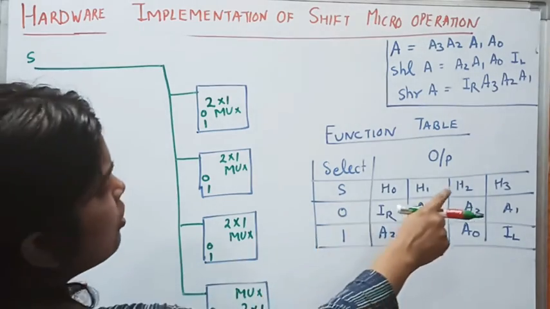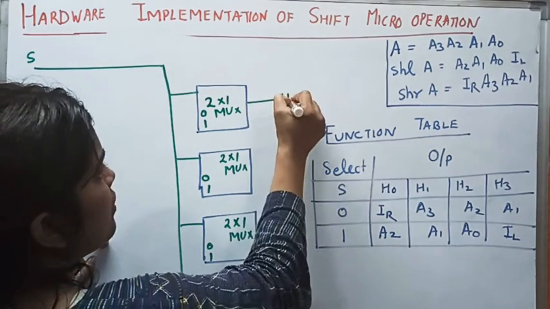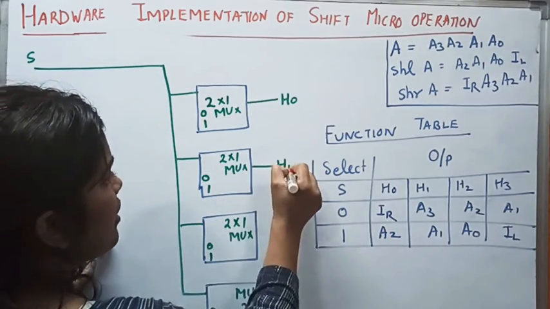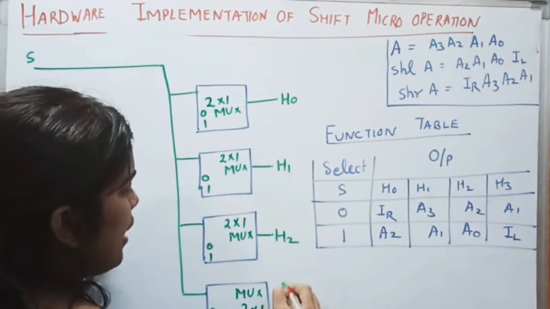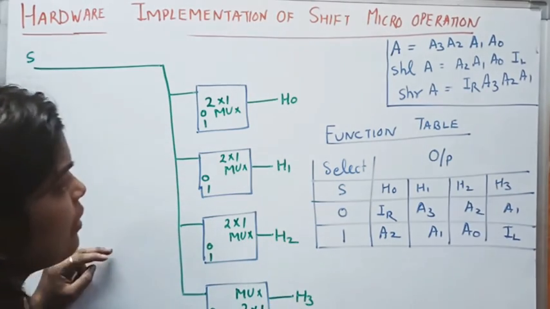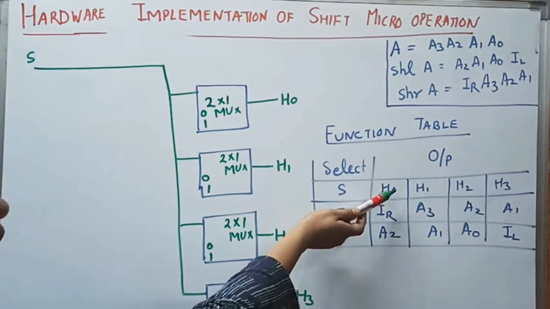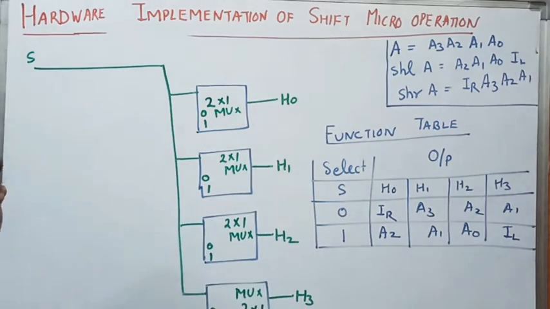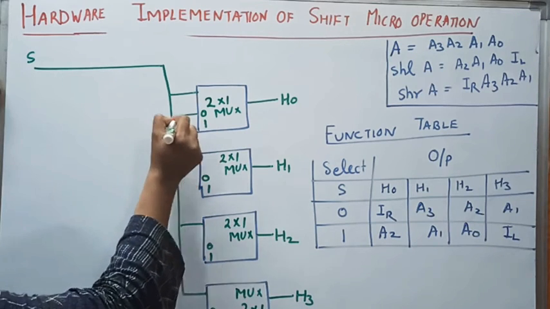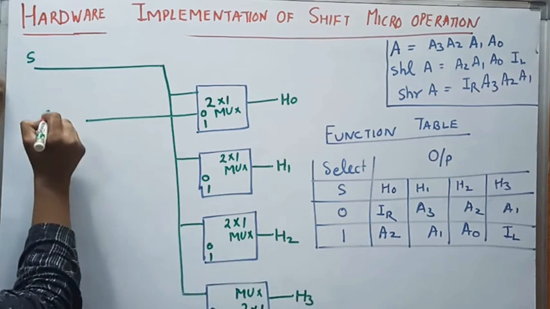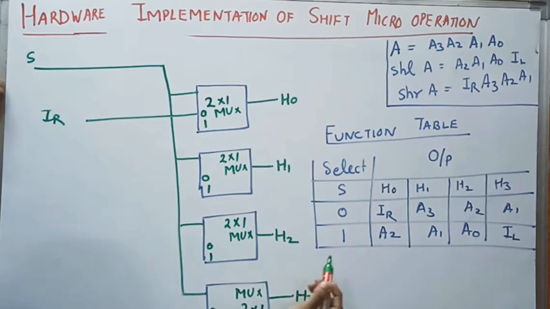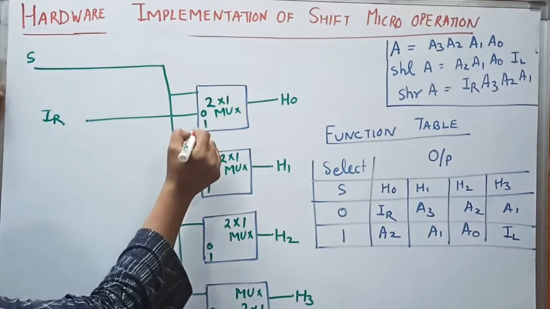H0, H1. Output is H0. Next is H1, H2 and H3. When H0 is taken, the inputs will be I of R and A2. It means at the 0 side, I of R will be there, and at the 1 side, A2 will be there.